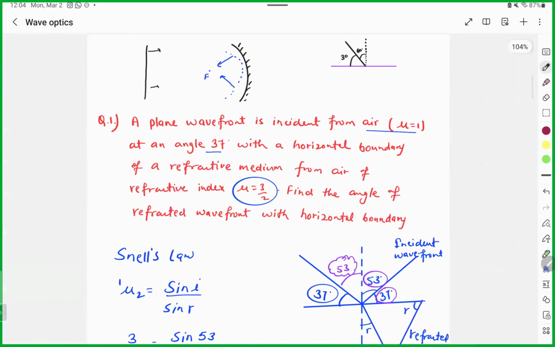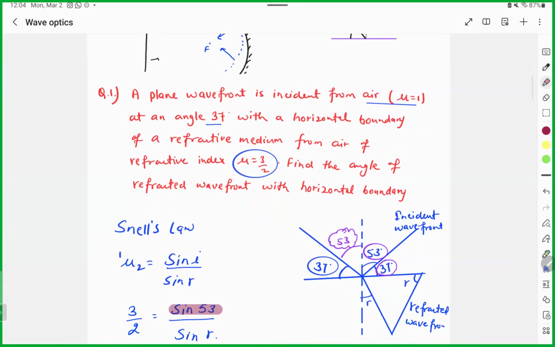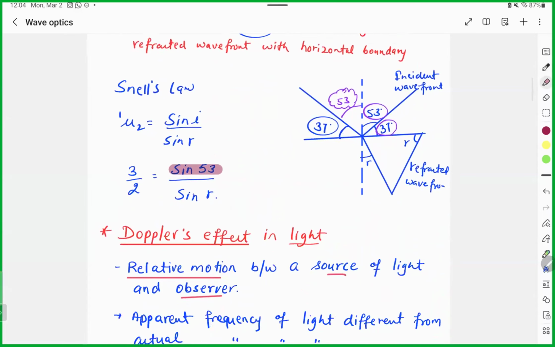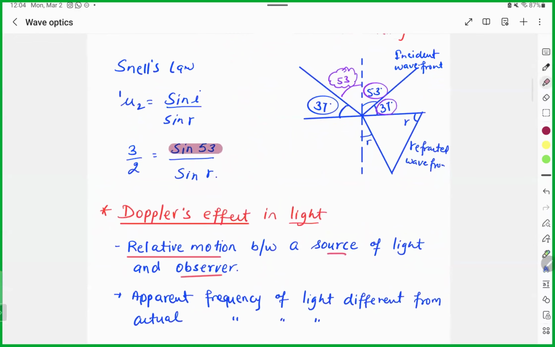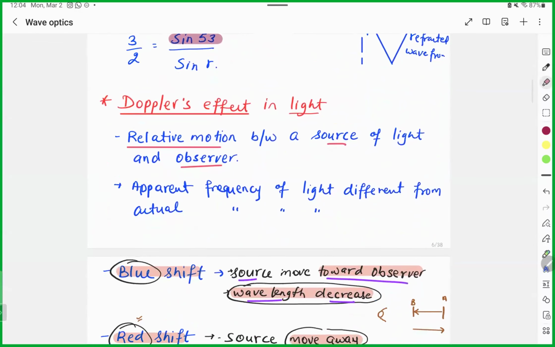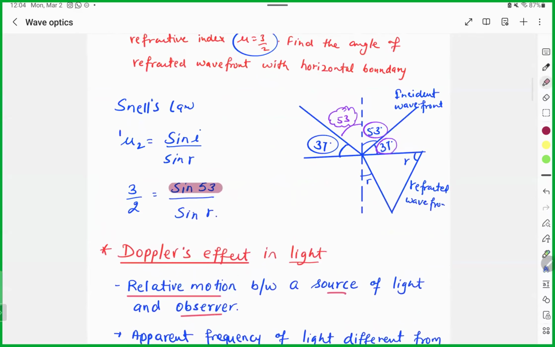Understood, guys? We always measure from the normal, not from the horizontal surface. That's why we took 53 instead of 37. Anybody have a doubt about why I took 53?